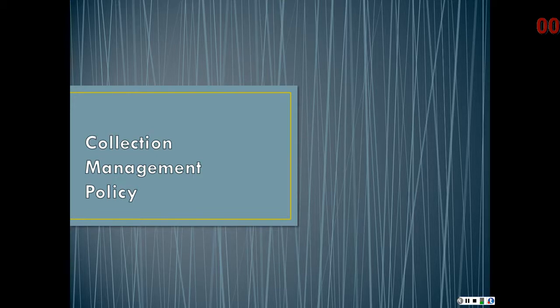This way it ensures that practices across the libraries are consistent and that you're all on the same page in regard to various parts of policies, which we'll talk about further on.